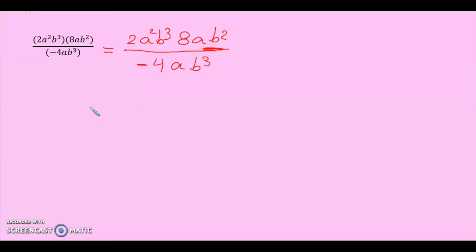Okay. Now look at the top. Let's simplify the top. On top, I have two coefficients. One of them is 2, one of them is 8. If I multiply them, I will end up with 16. Okay? And on top, I have a squared here and 1a here.